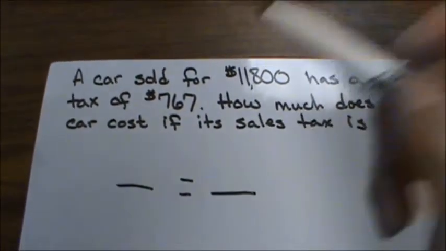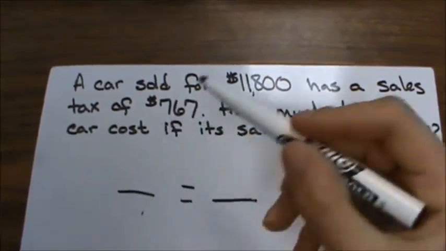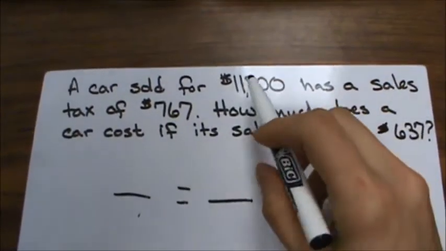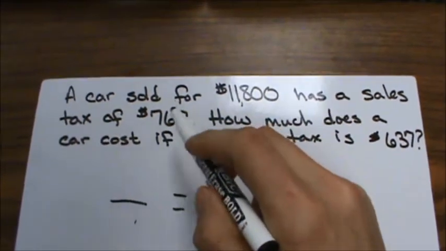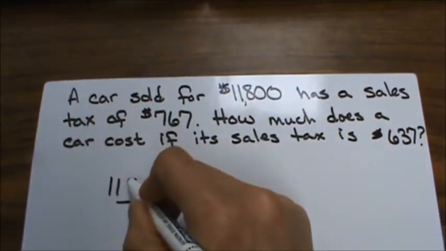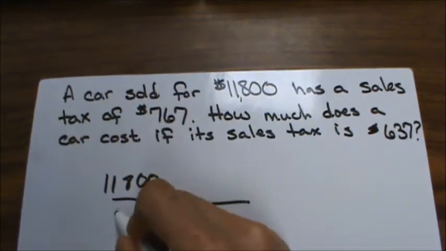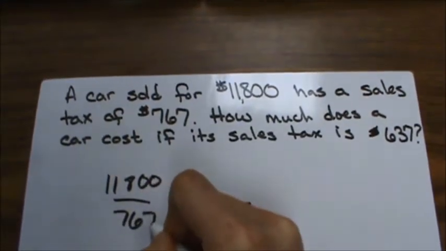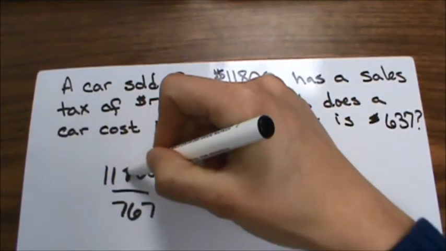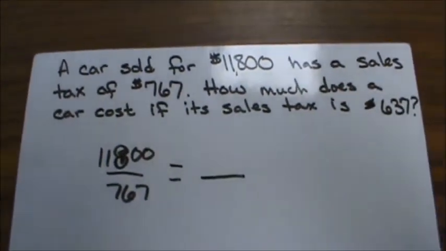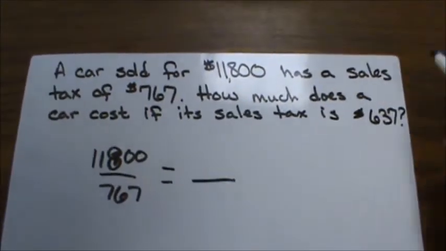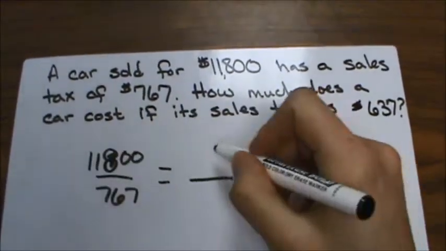The first fraction that I'm going to set up compares two quantities that I absolutely know about. And I know that a car sold for this amount has this sales tax. And 767. What I don't know, though, is the cost of the other car.